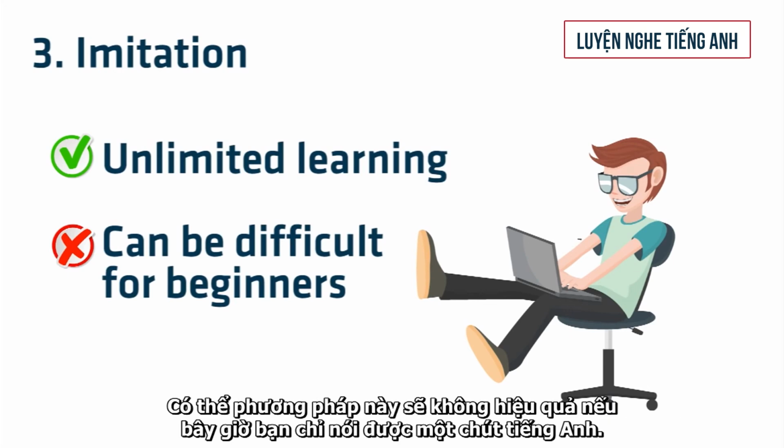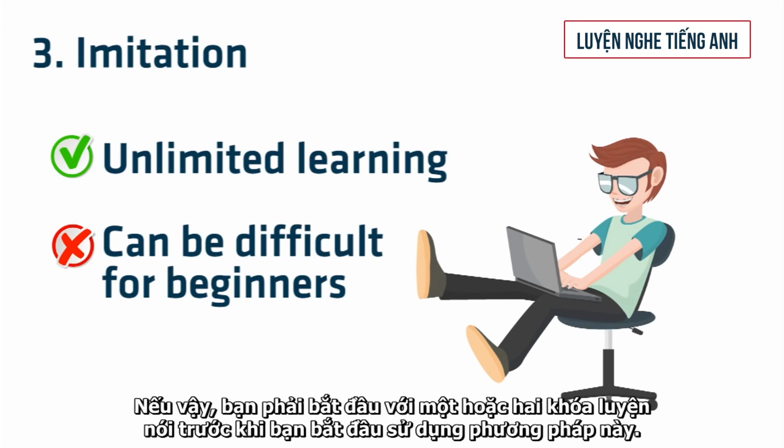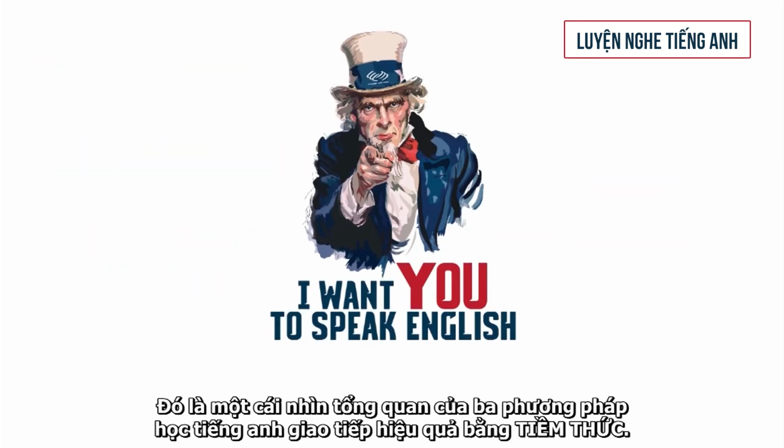If right now you can speak English just a little bit, you may not be able to practice imitation effectively. If that's the case, you might want to start with 1 or 2 speaking courses before you start using this method. Okay, so that's an overview of 3 learning methods that work because they are all from implicit learning.